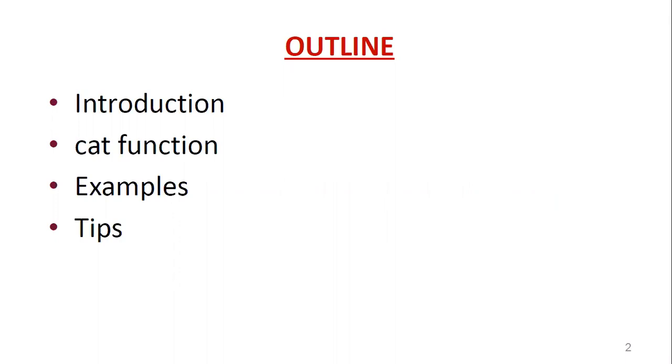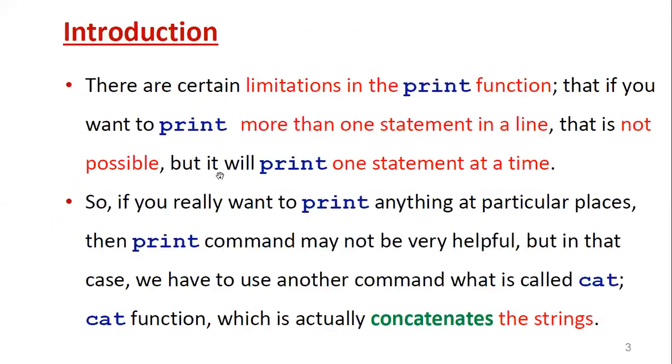Then we will see what a cat function is, what its syntax is, and how it can be used in our R software, then various examples demonstration, and finally the conclusion.